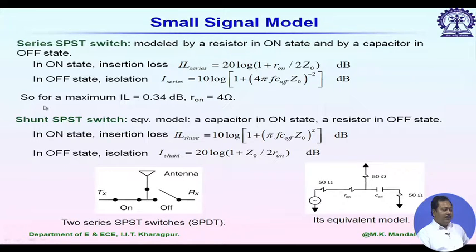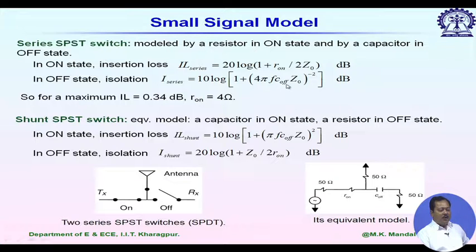So, a typical example is a maximum insertion loss of 0.34 dB with R on equal to 4 ohm. If I look at the expression, insertion loss depends on R on, isolation depends on C off and operating frequency. So, if I increase the operating frequency for a given switch, what do we expect? Decreased isolation, because capacitive reactance decreases with increasing frequency.